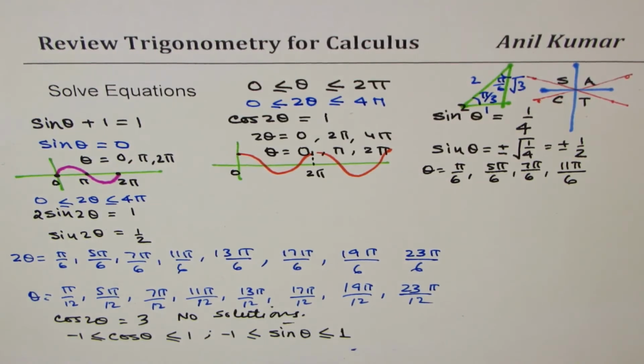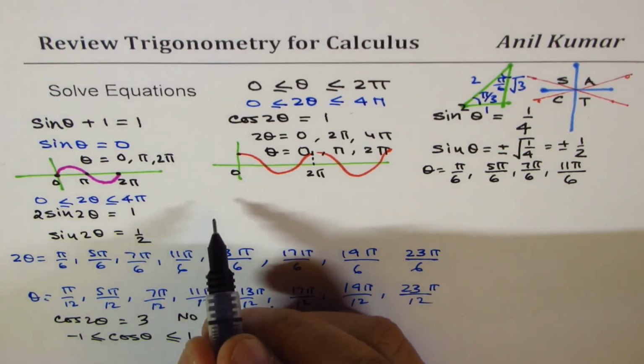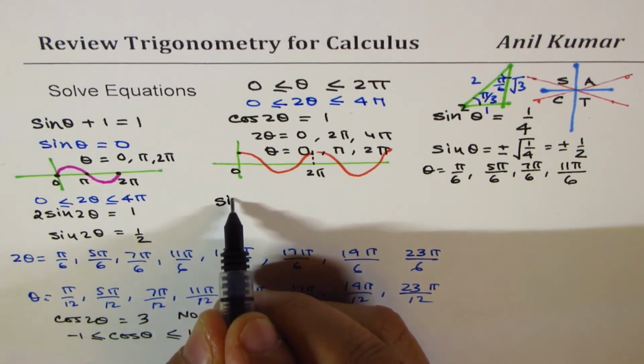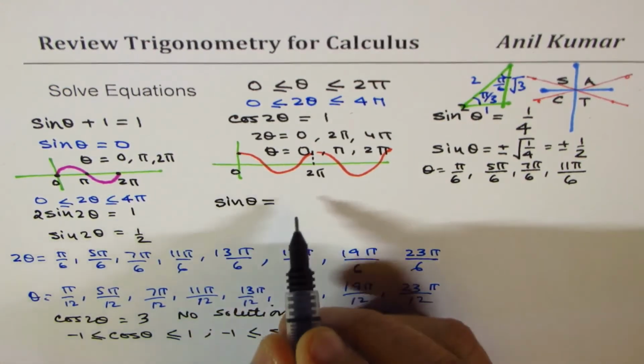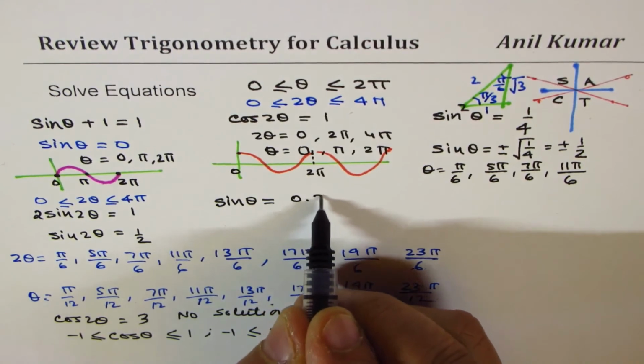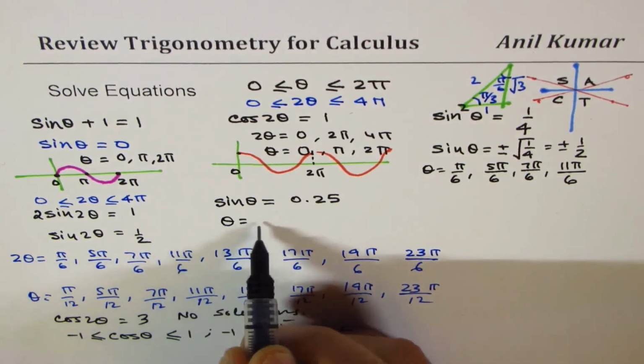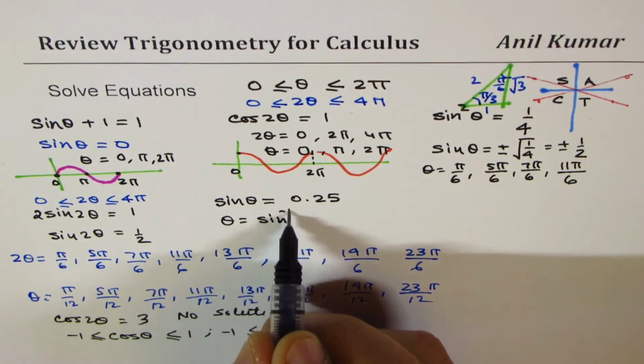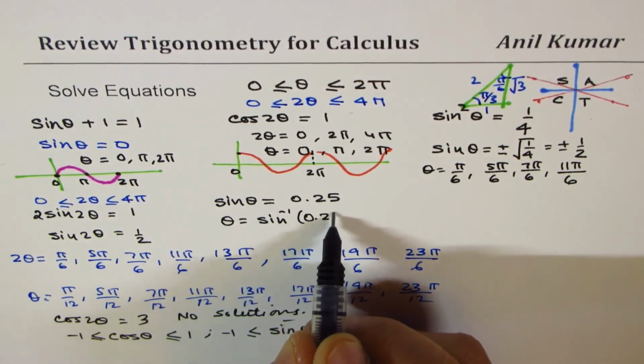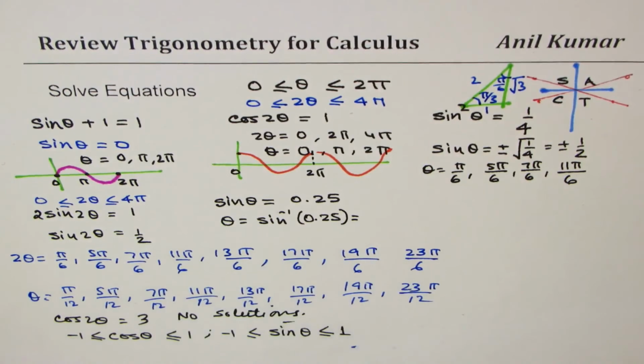Perfect. Now let us use a calculator to find some values in radians for a given equation. So let's take a few equations, like, let me take one as sine theta equals 0.25, right? In that case, theta equals sine inverse of 0.25. Now we can use a calculator to calculate these values.